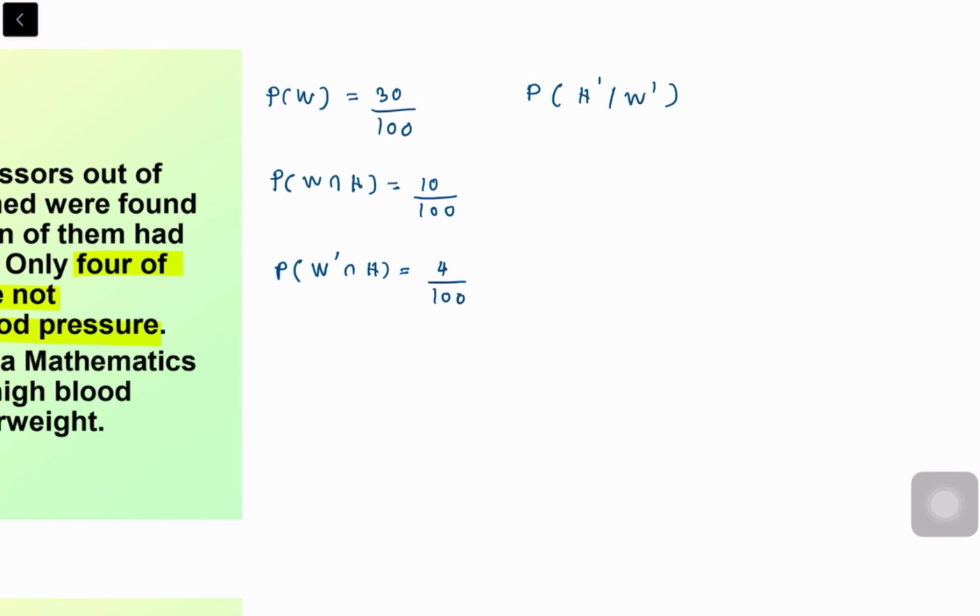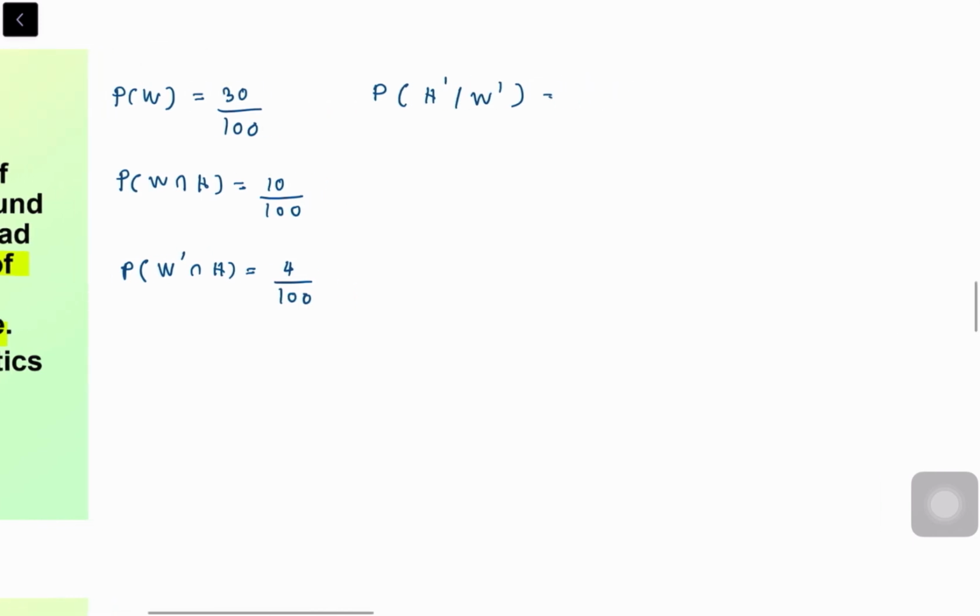In order to do this, we're going to use the formula of conditional probability, which is equivalent to the probability of H complement intersect W complement over the probability of W complement.